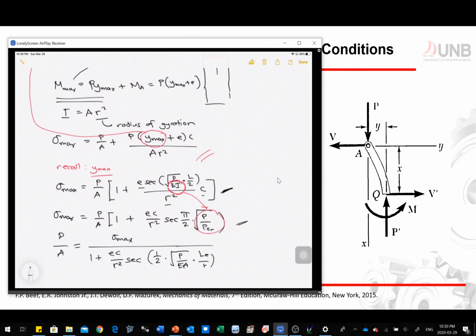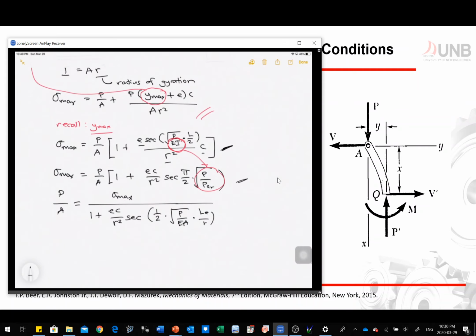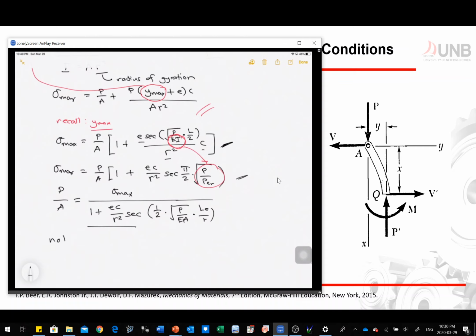So that's another form here. Now in your exam, you're not going to derive equations. I am doing this so that you know where those equations came from.